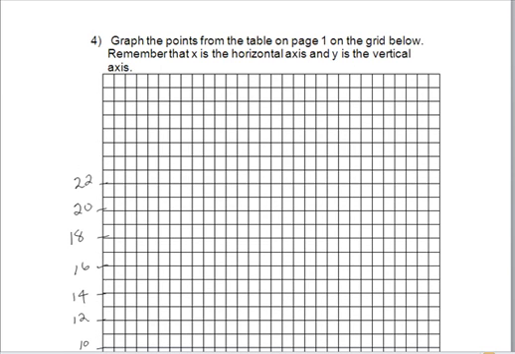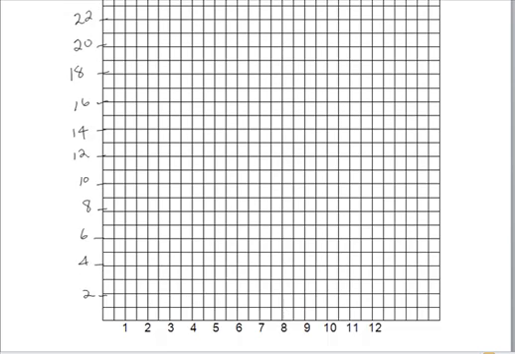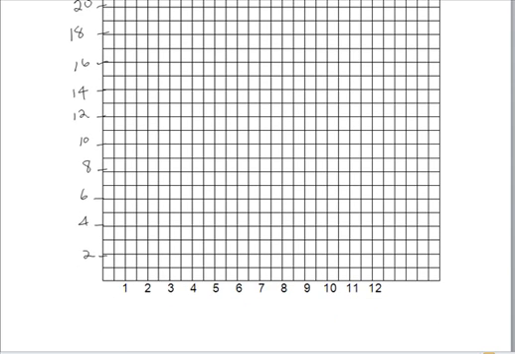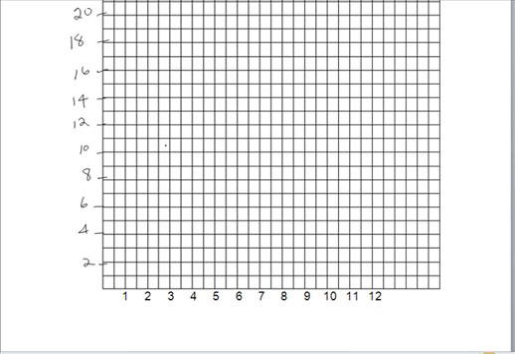Okay, so I've got a list here so I don't have to flip back and forth. So our first pair is 3, 16. Okay, our second one is 5, 20.